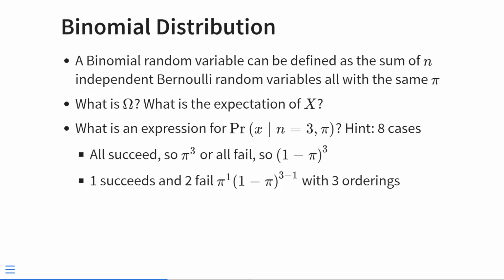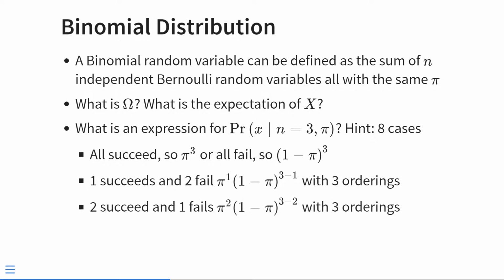But we need to add up over those. So similarly, we have 3 cases with 2 successes, 1 failure, and 3 ways to order that. So that gives us our 8 cases. 2 here, 3 there, 3 there, for 8.